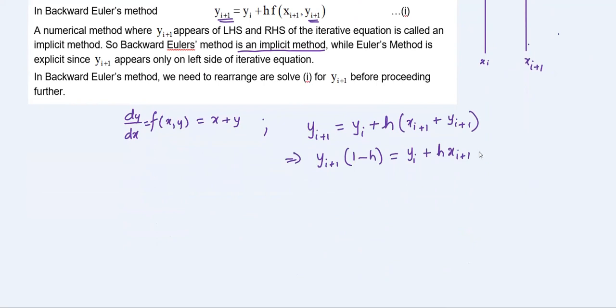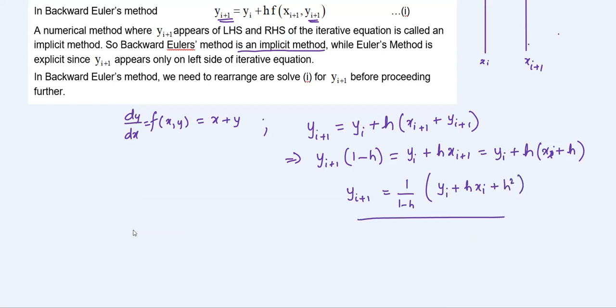And xi plus 1 we know is xi plus h, correct. So yi plus 1 is 1 by (1 minus h) times yi plus h times yi plus h times xi plus h square. So we get this approximation.